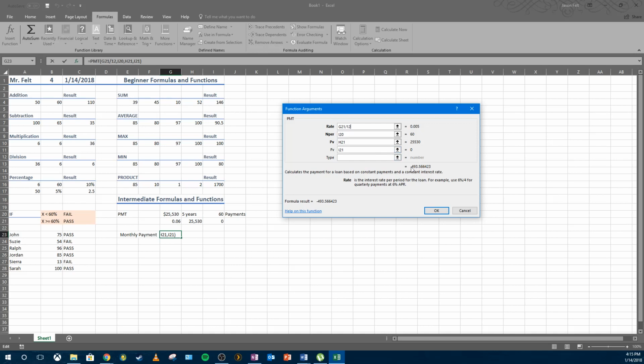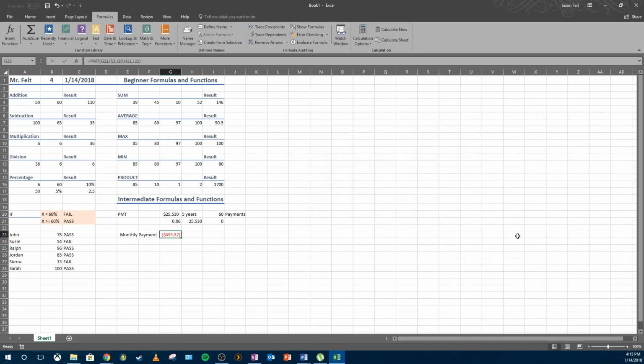Now, it'll come out as a negative number, okay? This is personal preference. Now, I like to have negative, so we'll press OK, and it'll show red here, okay? When it's shown red and in parentheses, that's an accounting format, meaning it's negative. Now, if I want it to be positive, I will go ahead and find my present value, and I'll make it negative.